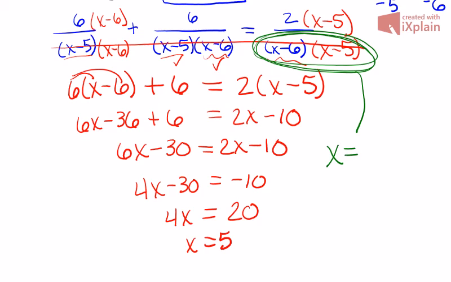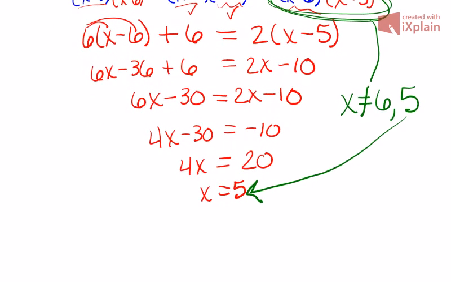Whatever we cross off, we have to consider. So x cannot equal 6 or 5. But we just got x equals 5. So if we got x equals 5, but x is not allowed to equal 5, that means we have no solution.